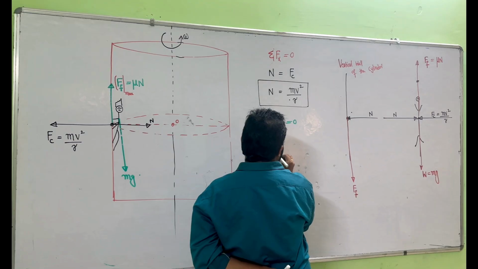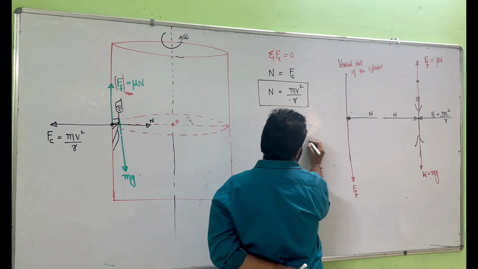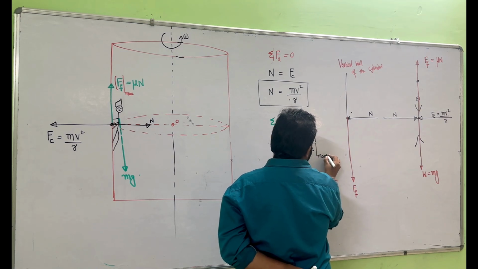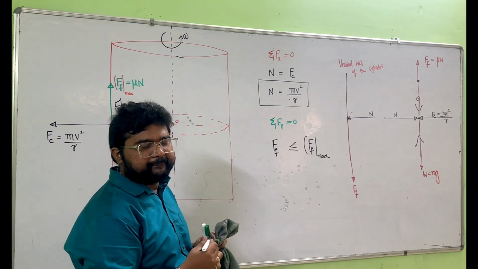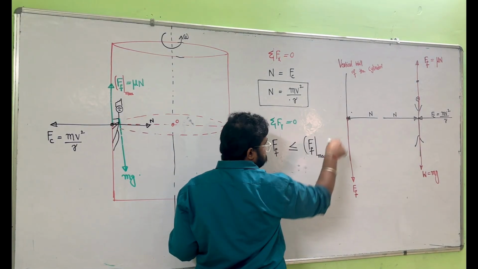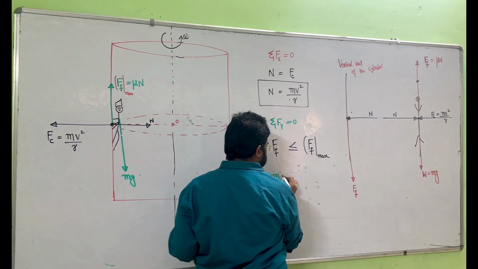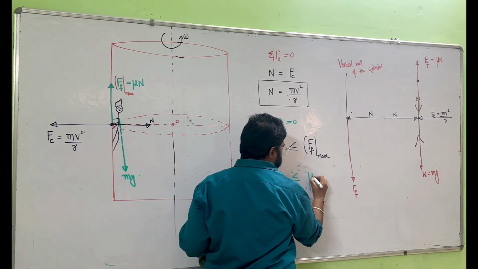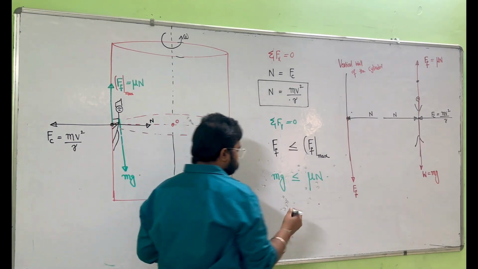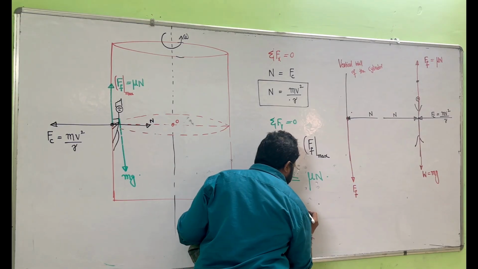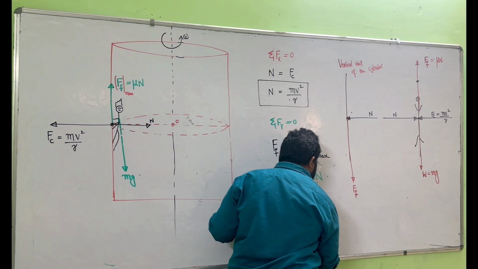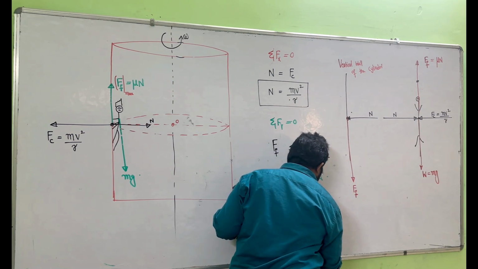Frictional force is less than or equal to Ff maximum. The maximum frictional force is this. Here the frictional force is mg, so mg is less than or equal to mu into N. N equals mv square by r, so mg is less than or equal to mu into mv square by r.